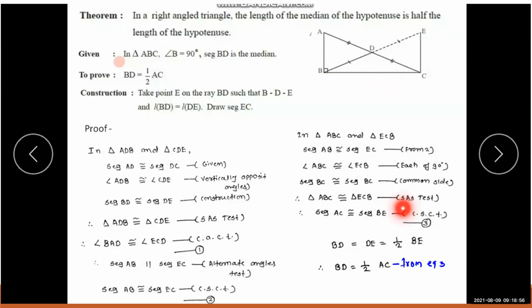And by the SS test, you can write AC congruent to BE. And then replace that BE here with AC.